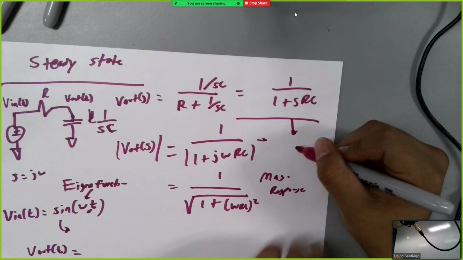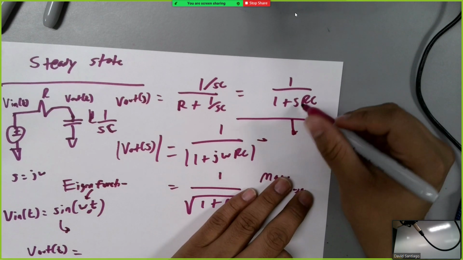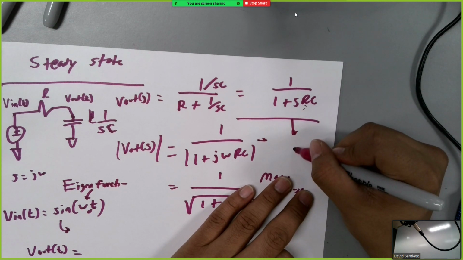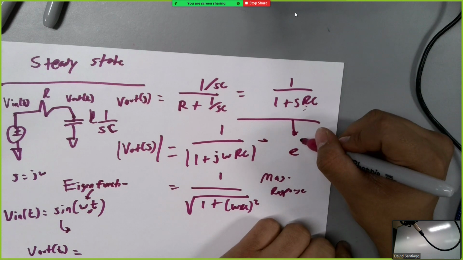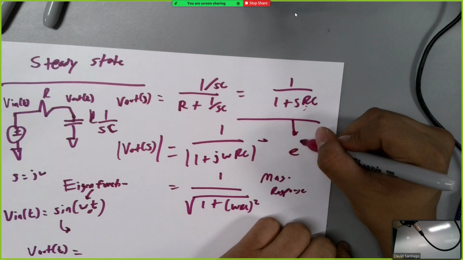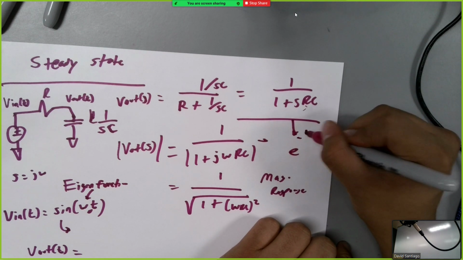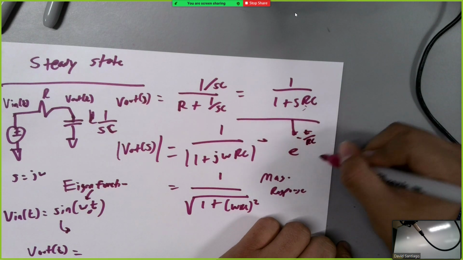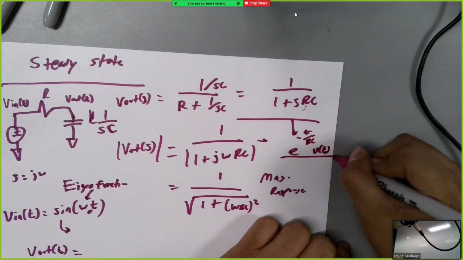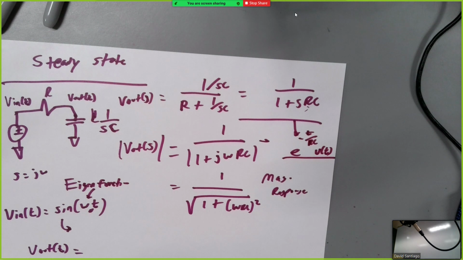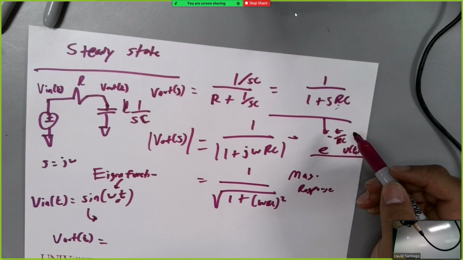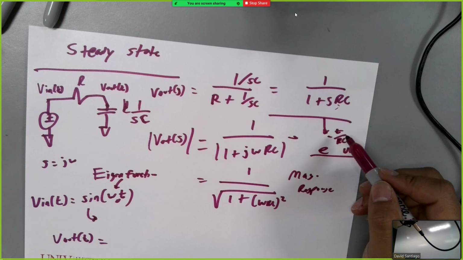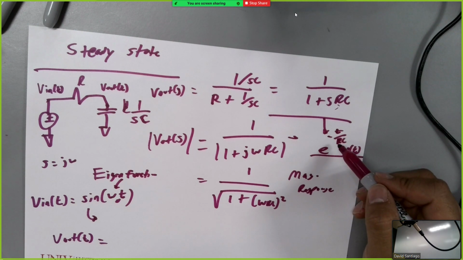The pole is at e to the minus t over RC, u of t. There you go. See that? That's an RC. Yeah, this is definitely an RC.